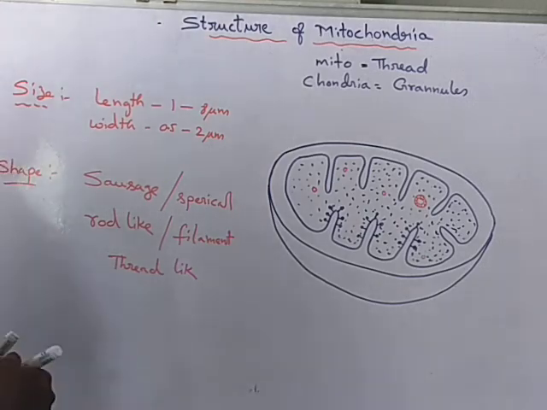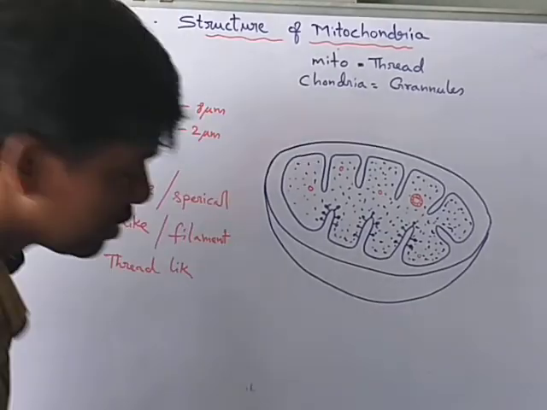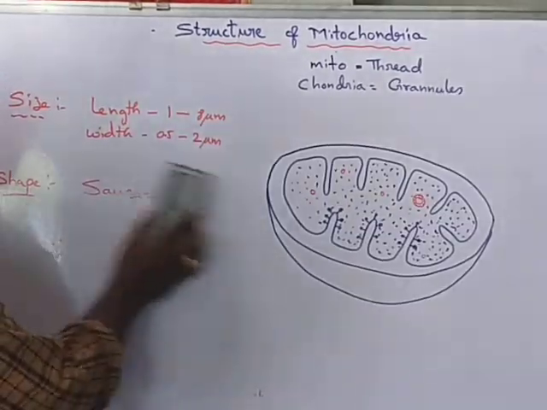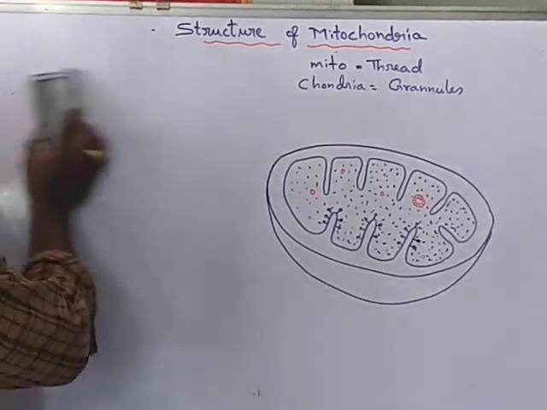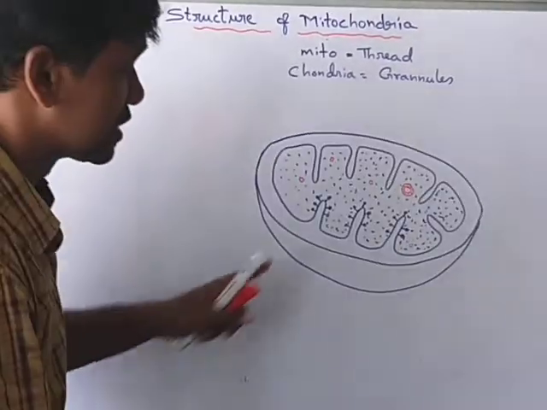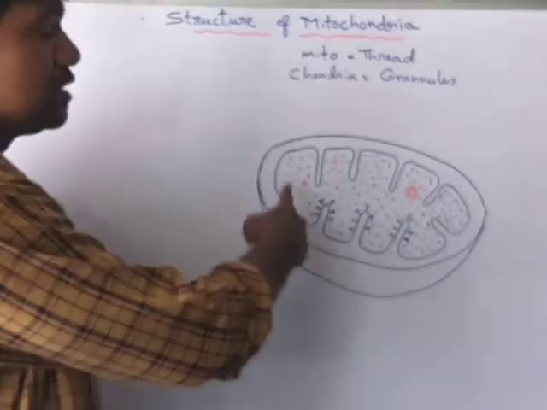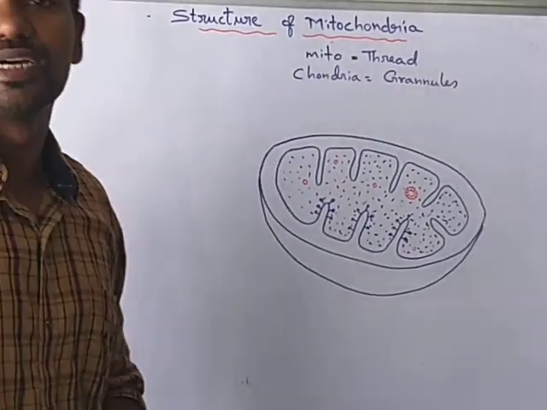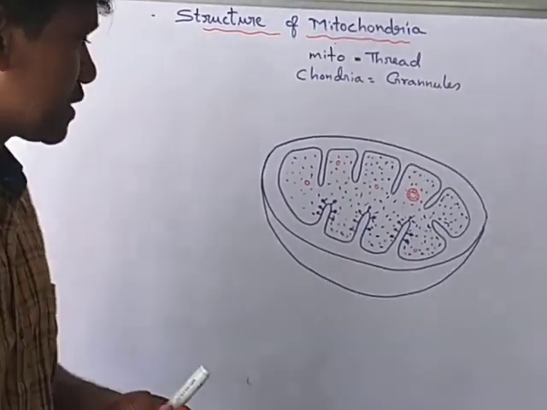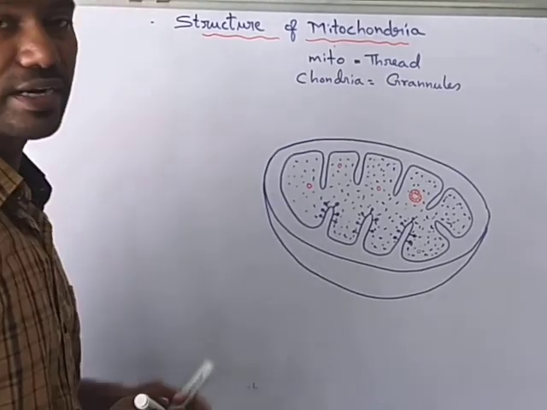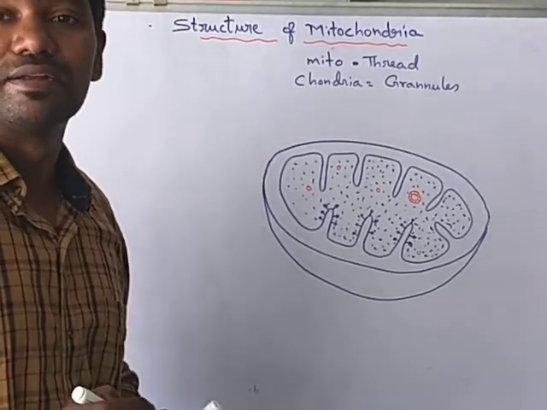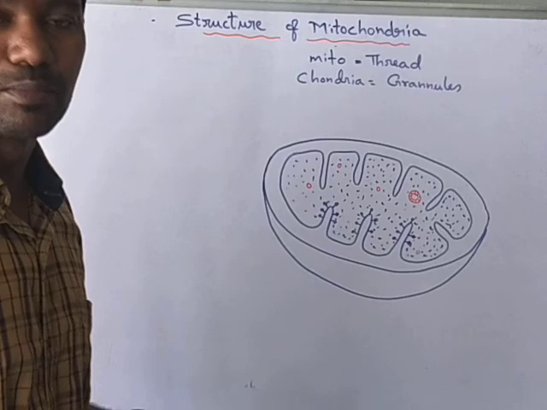Next, we know the structure of the mitochondria. This is the electron microscopic structure described by Porter and Pellet. The mitochondria is a double membrane bound cell organelle.